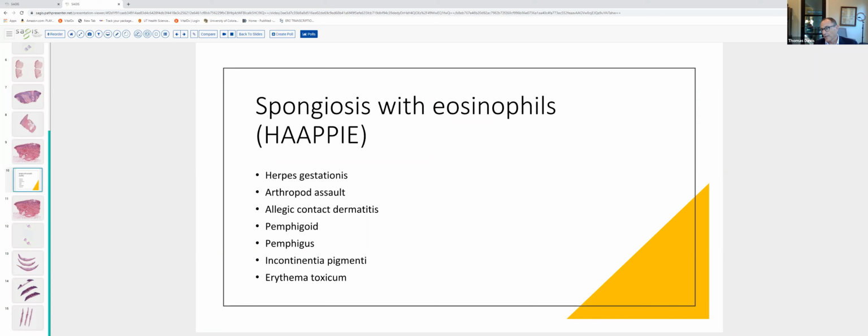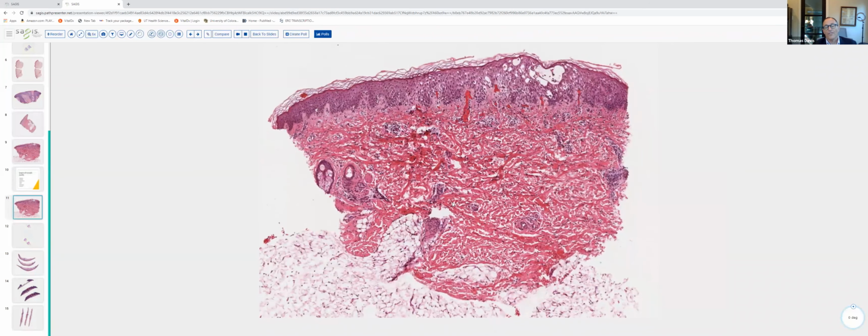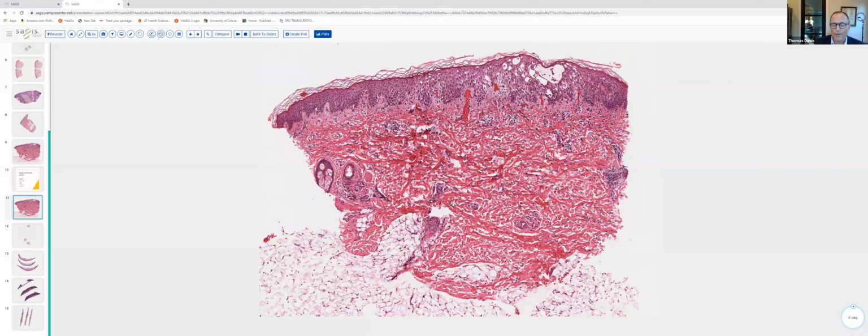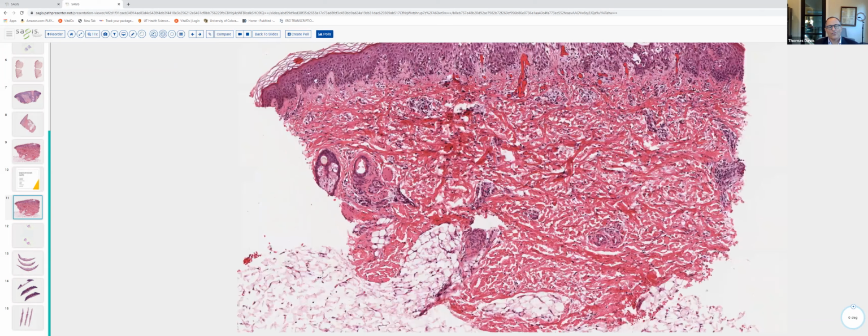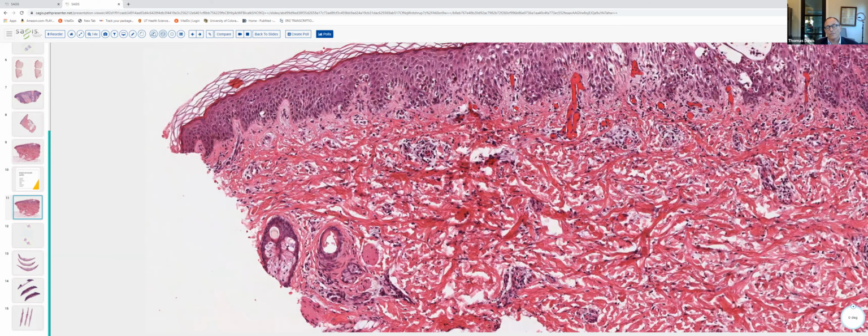Of course, one can see it in allergic contact dermatitis and in bite reactions, as well as in incontinentia pigmenti and erythema toxicum neonatorum. So going back to the case in question, this was a case of incontinentia pigmenti. A couple of clues here. One, this is very, very young skin. The sebaceous glands are small. There's no solar elastosis.